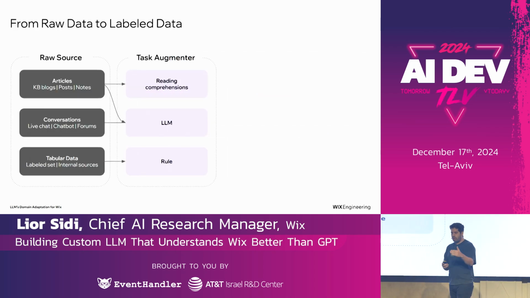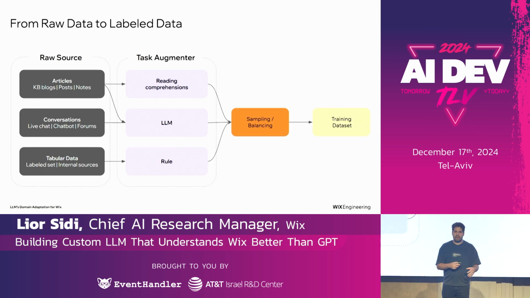So we have all of these three data sources, and we have tasks that we created out of them. Now we want to join them all together into one data set. This is where we want to sample and balance the data set.